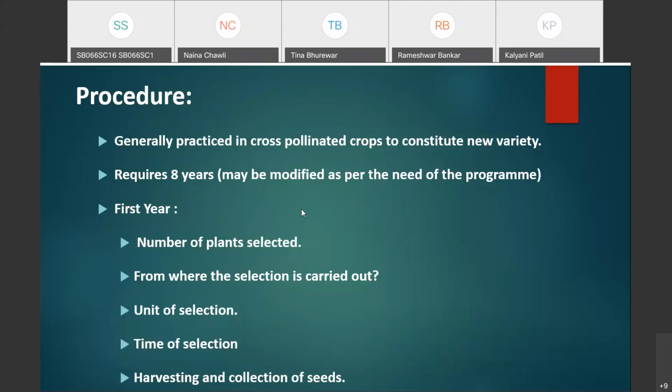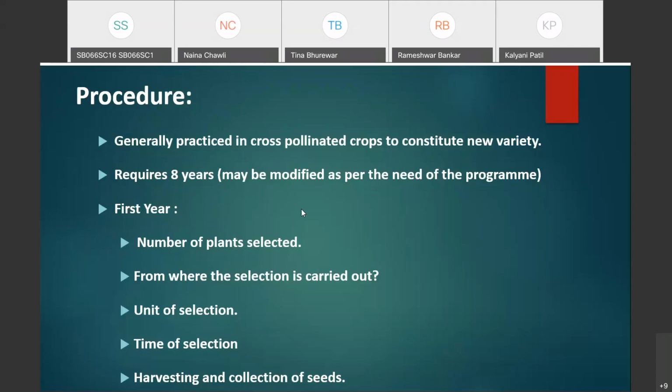Generally, the mass selection method takes about 8 years to develop a new variety. The process may be modified as per the need of the program.